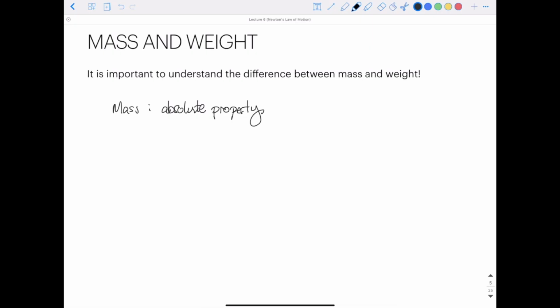Mass just provides a measure of the resistance of a body to a change in velocity.